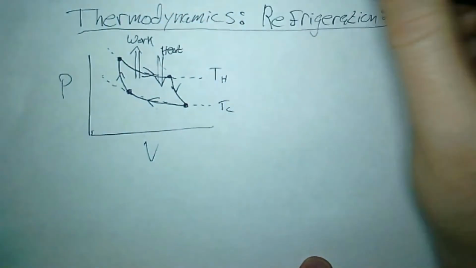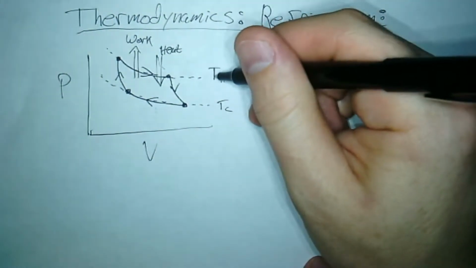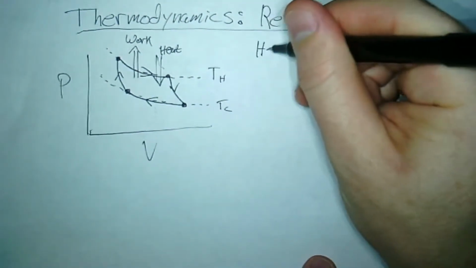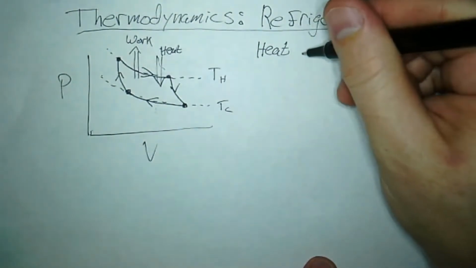Because one of the things that you've probably experienced in your life is that heat generally tends to flow from hot things to cold things. Right? Like heat from high temperature to low temperature.